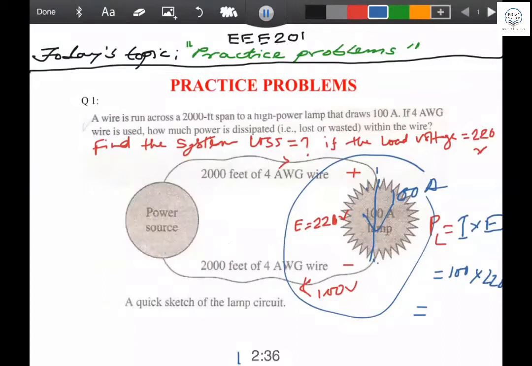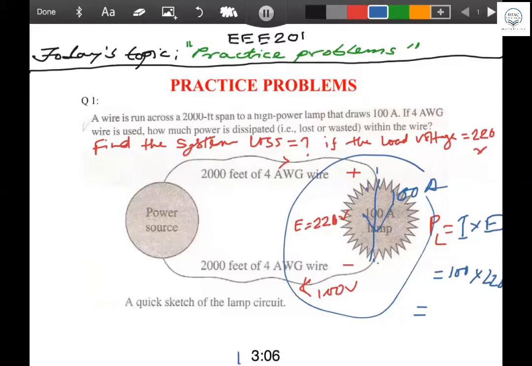I have a question here. Yes, sir, go ahead. Sir, why are we using voltage here to measure the power loss? No, not power loss. This voltage is required to calculate the power the light is consuming. This power is the load power. Earlier, the 9.94 is the power loss in the wire, and this is the power we are using in the light.